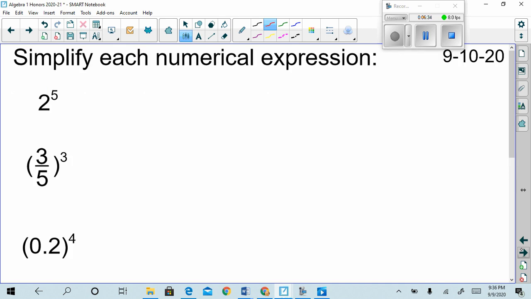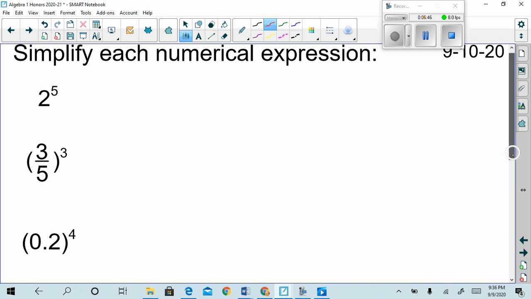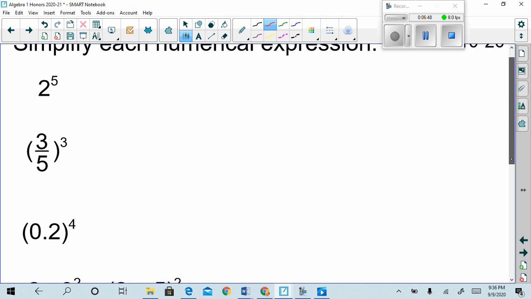So let's do a little practice. Let's simplify each of these numerical expressions. Again, keeping in mind order of operations, and one of our goals was to work with expressions with exponents, and here are some to start us off with.